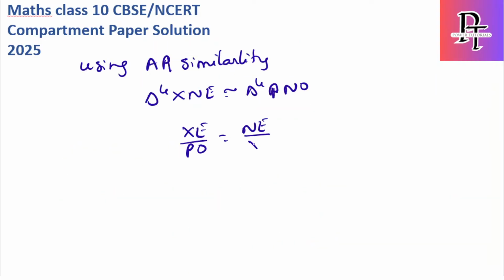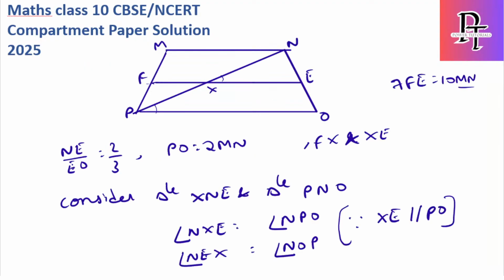NE by NO. We know that NE by EO is 2 by 3.